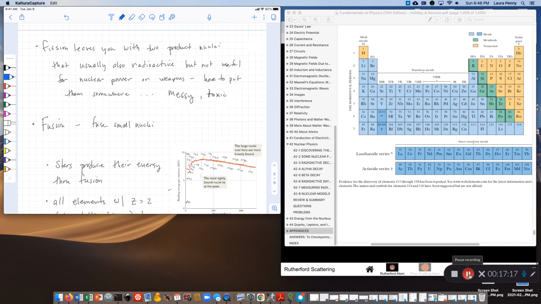Leaving you again with fission. So fission is going to leave me with two product nuclei that are usually also radioactive, but they're not useful in any kind of nuclear power or nuclear weapon situation. And so I'm going to have to put them somewhere. This is one of the big objections to nuclear power: the waste that we're left with afterwards has to be put somewhere.